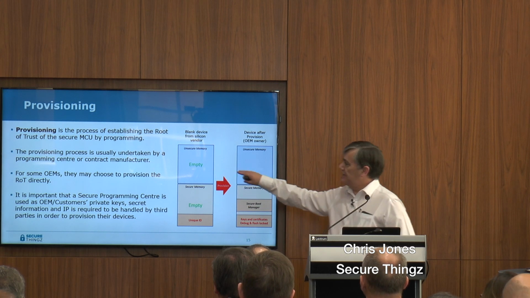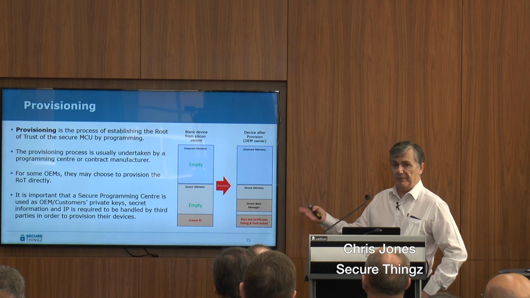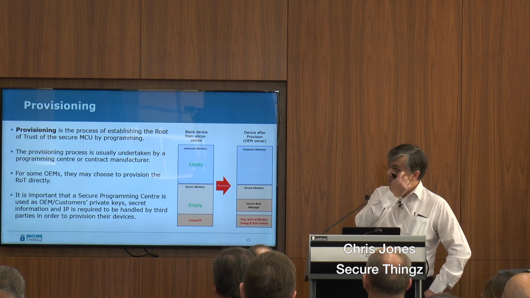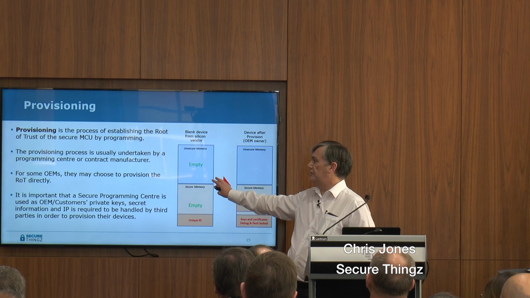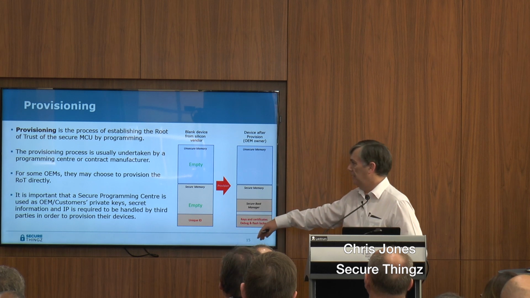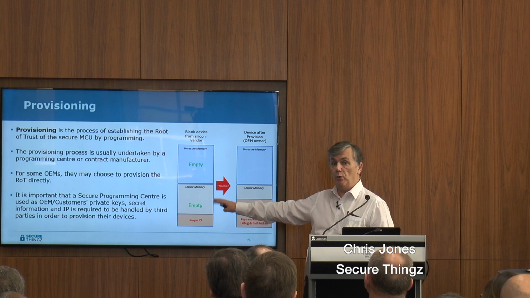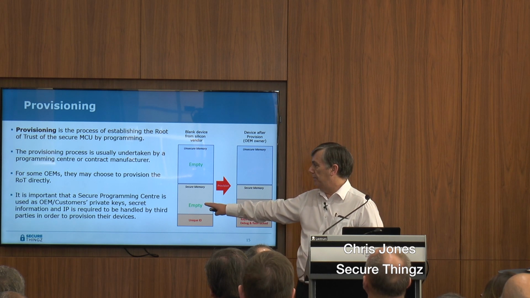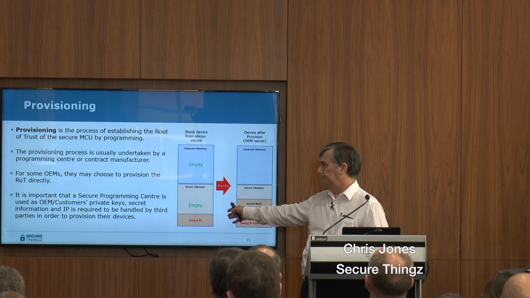The provisioning process is usually undertaken by some sort of programming center or a contract manufacturer. So that should immediately start ringing alarm bells. So a lot of OEMs these days choose to do this in their own security areas to make sure that it's secure. So as it said, it's important that a secure programming center is used in all cases where you program in the private keys into the device.